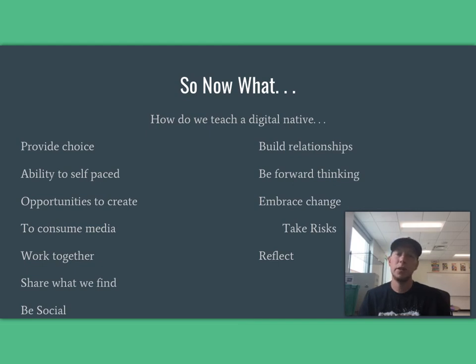Some of the other ideas would be the ability to self-pace. Again, the not one size fits all approach. Every student has different needs, and trying to meet those needs as best as possible is something I hope as educators we all strive for. You have some students who are super fast, some students who need a lot of repetition. Maybe somebody who needs to see something done multiple times could watch a video over, maybe it's something like adding fractions.